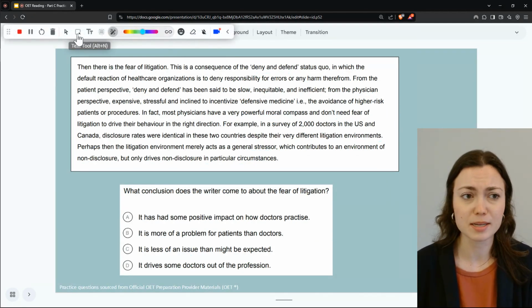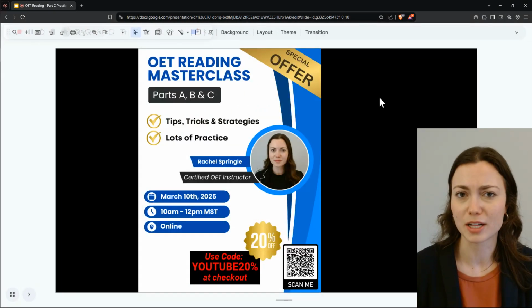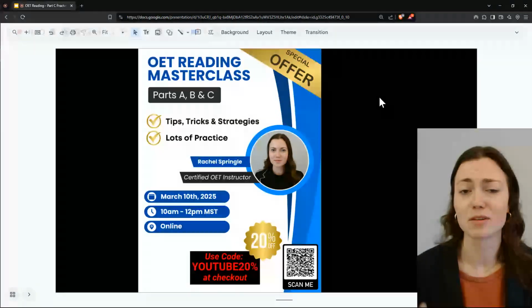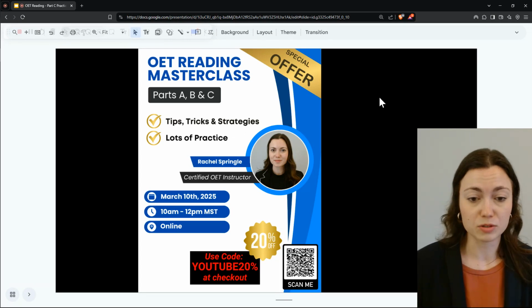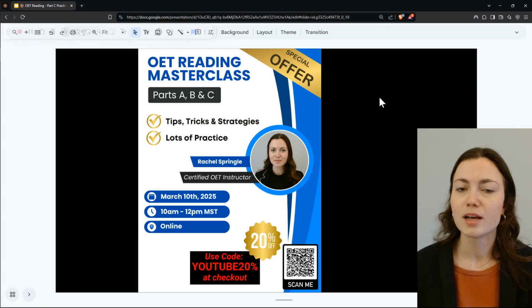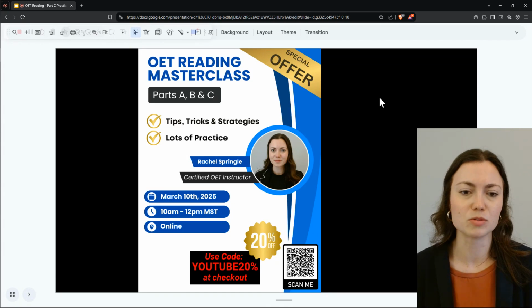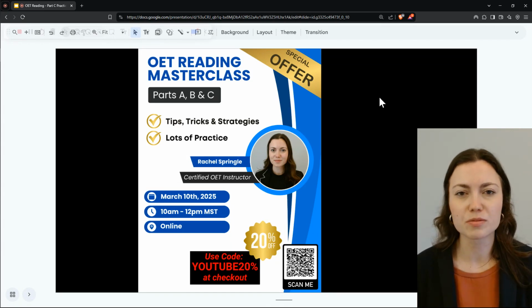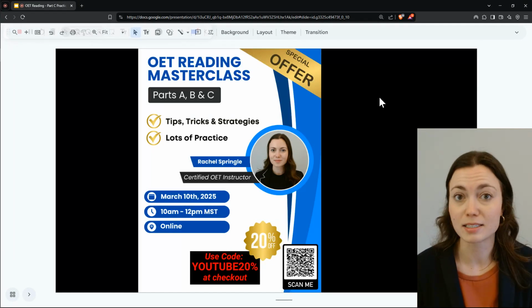And that is something we will be talking about in my upcoming masterclass for parts A, B, and C of reading with the OET. A lot of what you need to learn is strategies, but tips and tricks can also mean time management or, on the computer, what tools you can use for the exam. All these things are important to be aware of before you go into test day.